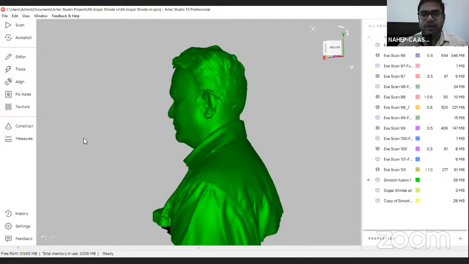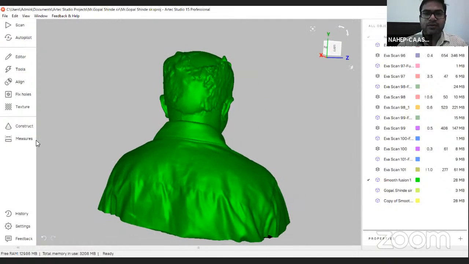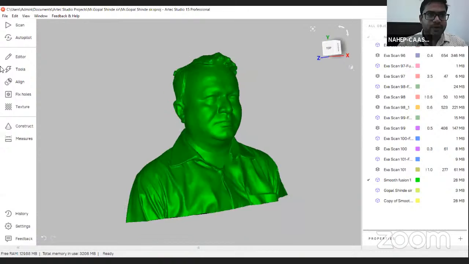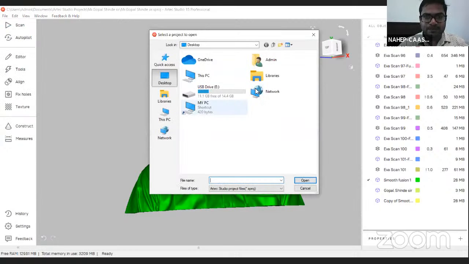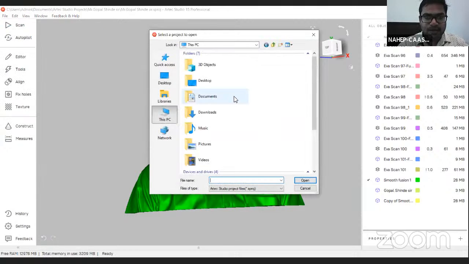You can see this model of a human being, and we have also created a model of the honorable VC sir of this university.